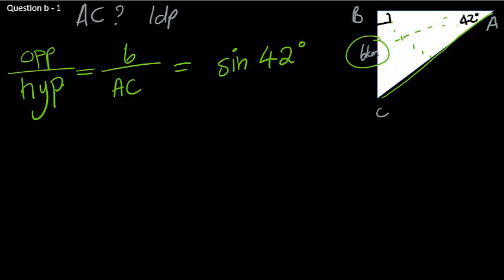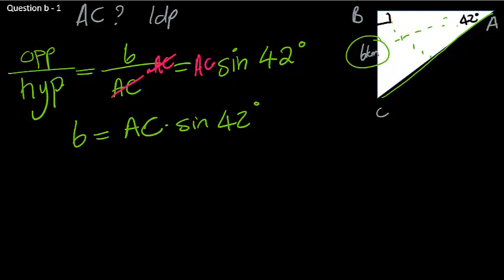Now, in order for me to get AC alone, I am going to multiply by AC on both sides. So those two cancel out, and that becomes AC. So now I've got 6 equals AC times sine of 42 degrees. Again, I want AC alone, so I'm going to divide both sides by sine of 42 degrees.